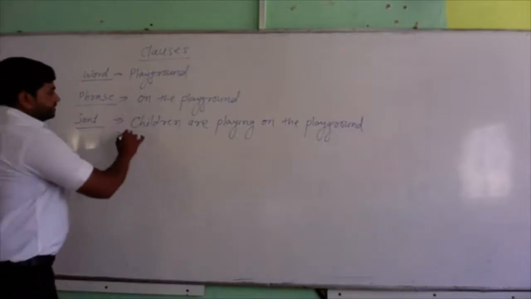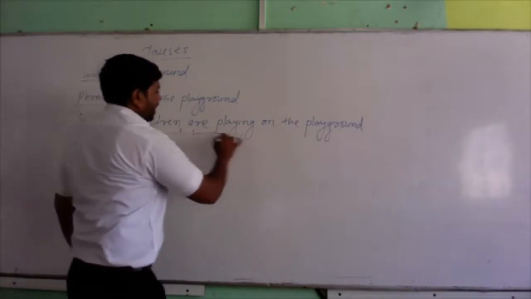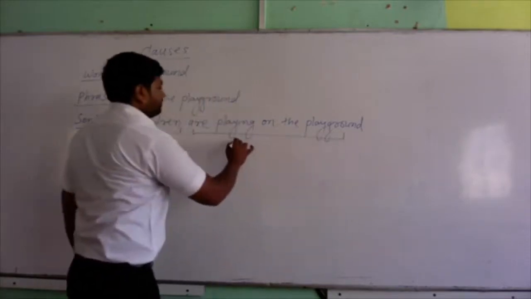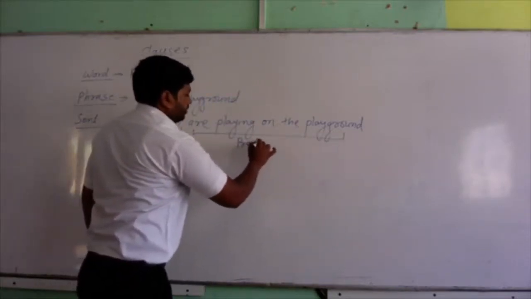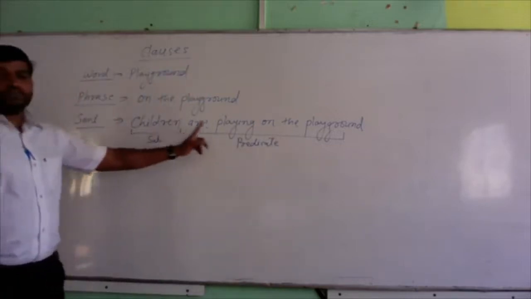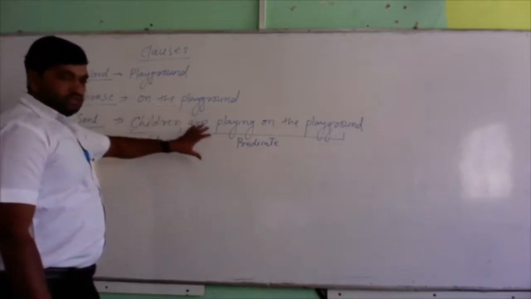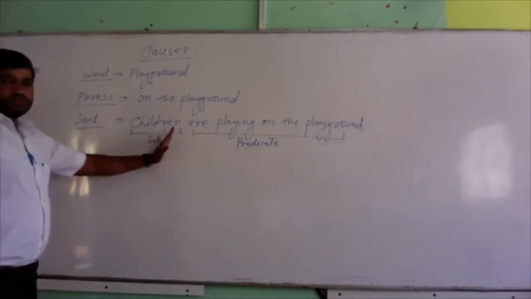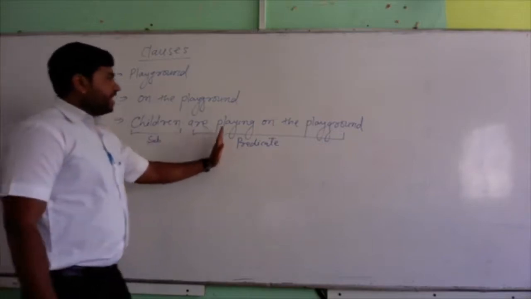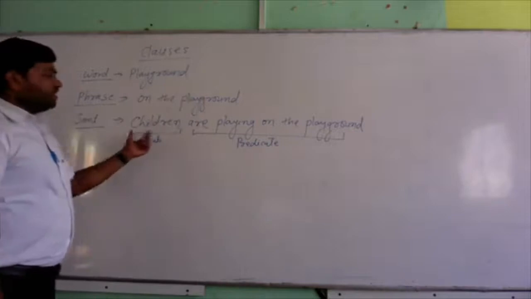In this sentence, children is the subject, and are playing on the playground is the predicate. It's a simple sentence having one subject and predicate. You can call it a sentence.